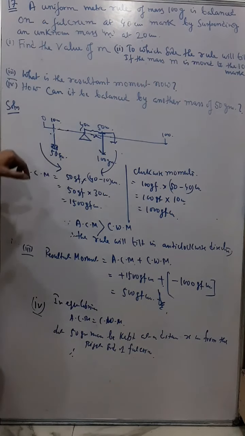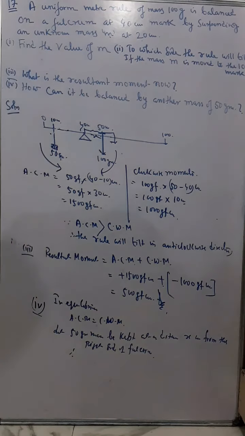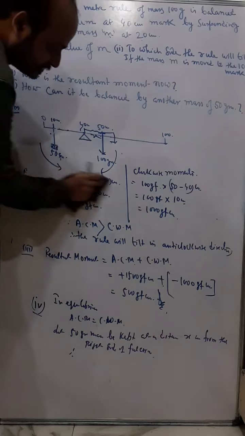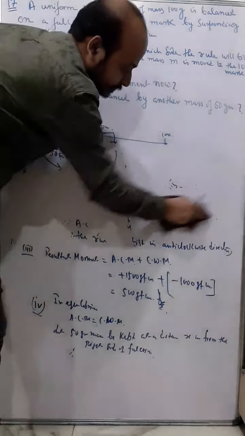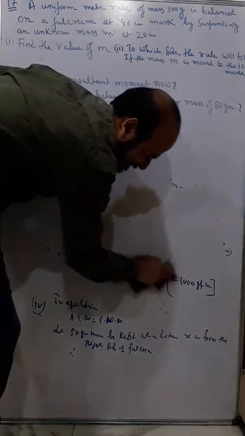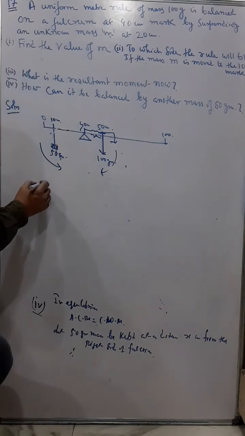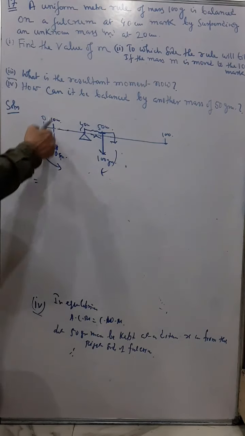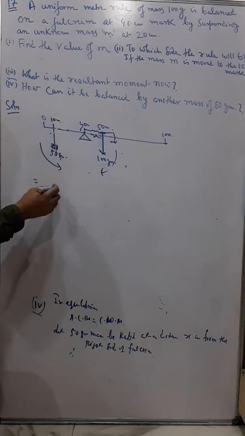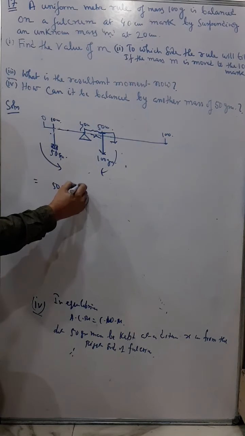Now what is the anti-clockwise moment? Okay, let me rub this. You can see here. Now see at the top. Anti-clockwise moment should be equal to clockwise moment. So the anti-clockwise moment will be 50 GF into 30 centimeter, that is 40 minus 10 centimeter.